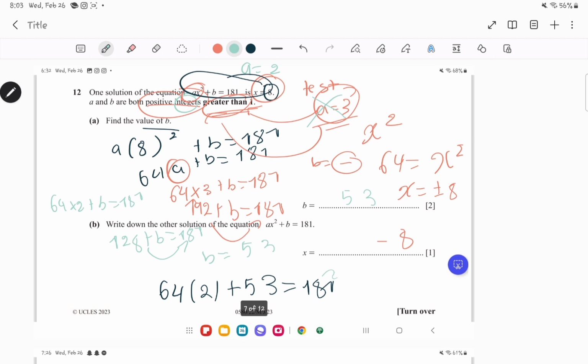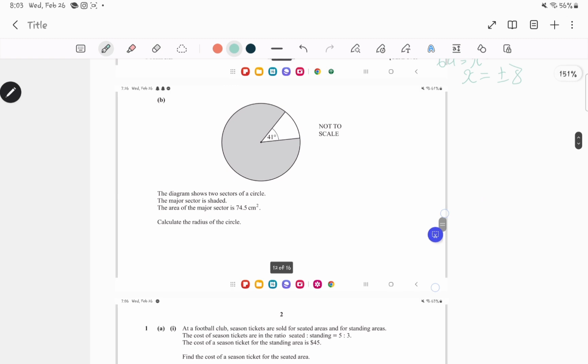So it becomes 64 times 2 plus 53 is equal to ax squared plus b. We know that a is 2, b is 53. So this and this will cancel, and you are left with 64 is equal to x squared. So you will get that x is plus or minus 8. You already chose plus 8, so the other answer is minus 8.